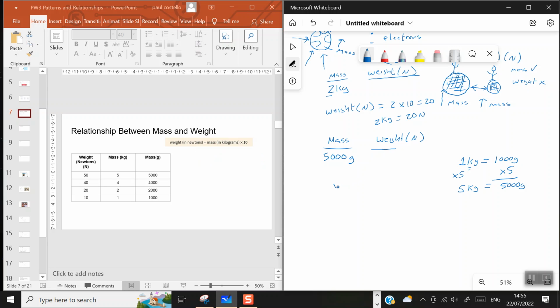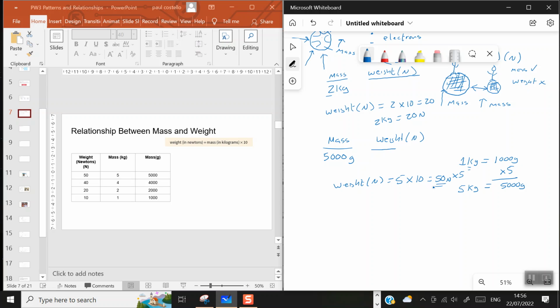So its weight in newtons is going to be equal to its mass in kgs, which is 5, multiplied by 10, which is equal to 50 newtons.